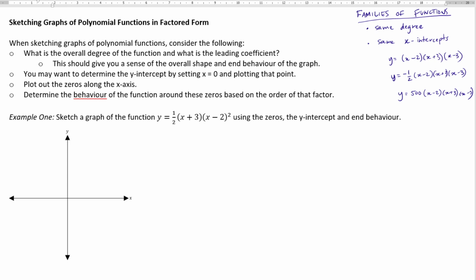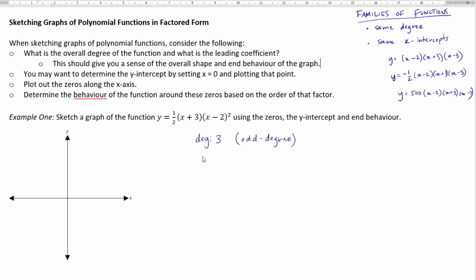Okay, looking at example 1, it says sketch a graph of the function y is equal to 1/2 (x plus 3)(x minus 2) squared using the zeros, y-intercepts, and end behavior. The first thing I'm going to do is look at the degree. I see that the degree will be 3 when I expand this, so it's going to be an odd degree function.